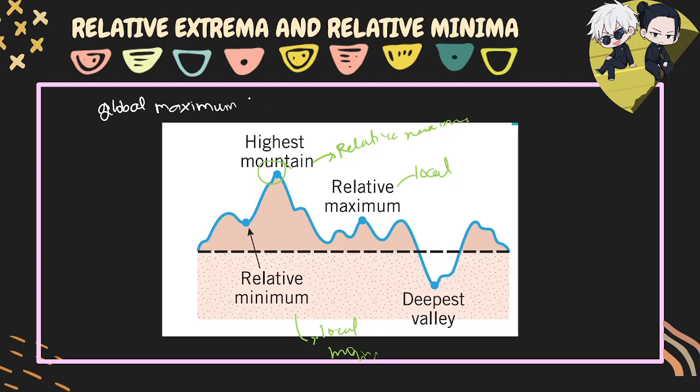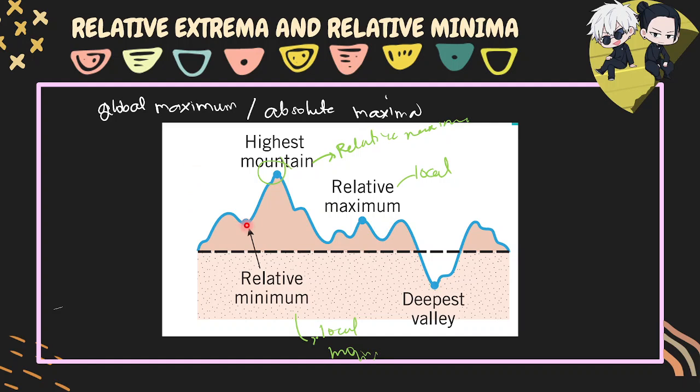It is also called the absolute maxima. Absolute means it is the highest in the whole function. That's why this point is an absolute maximum and also a relative maximum. And this point is also an absolute minimum and relative minimum.